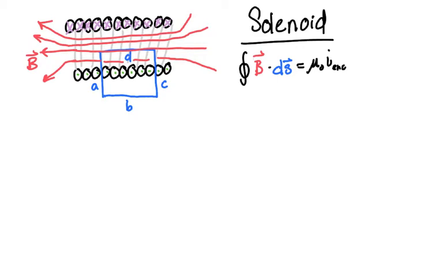So in this case, we have path lengths A, B, C, and D. This is a vector, that's a vector, that's a vector, that's a vector. So we'll break down this closed loop integral.